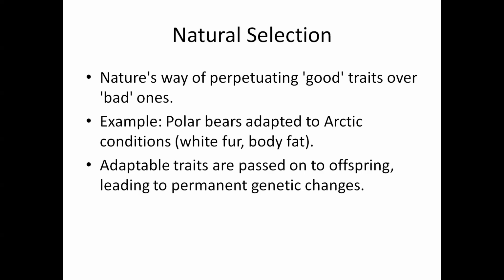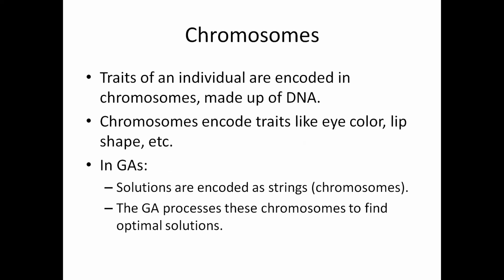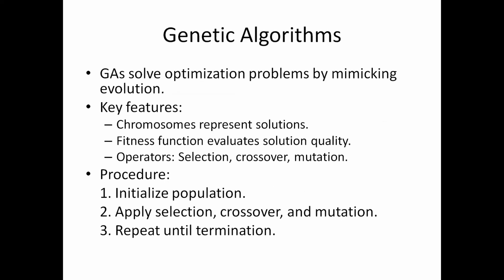They have a lot of body fat so that they can keep themselves warm, and in order to avoid predators and blend with the snow, they have white fur also. We can see these adaptable traits are then passed on to the offspring. So that is the basic idea.